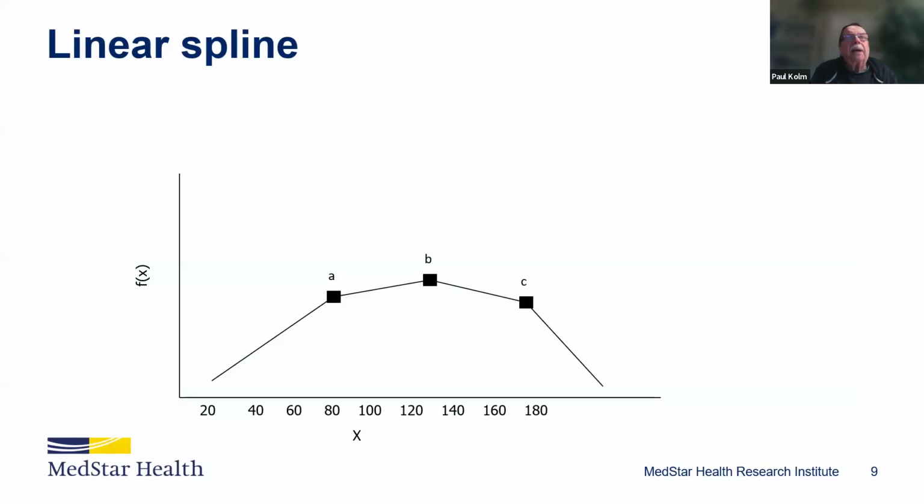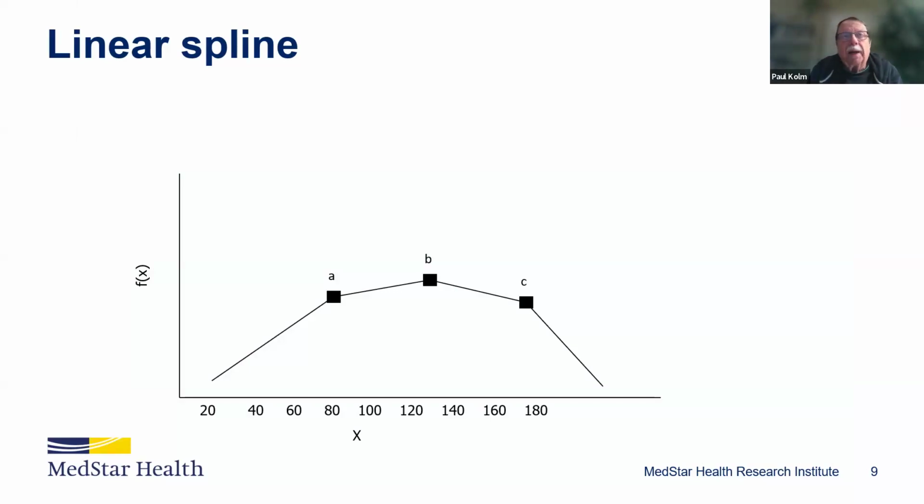So the next way of modeling nonlinear functions is what we call splines. And this is sort of similar to the piecewise model that I showed in the beginning, but this is a little bit different.